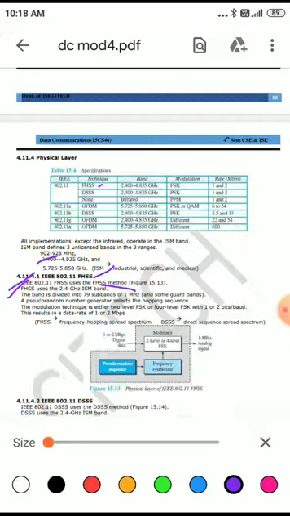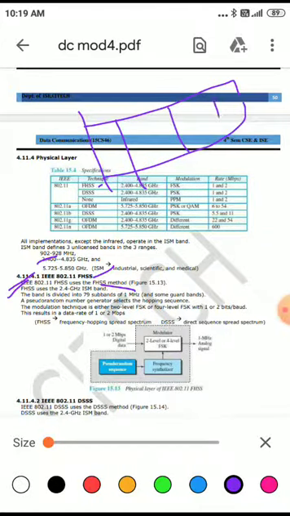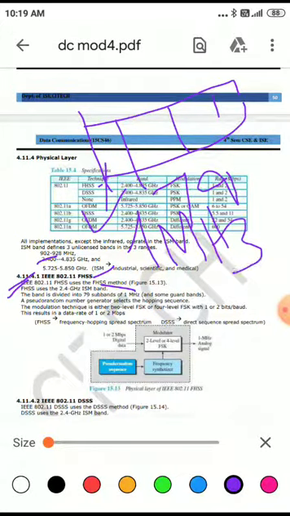Next, the band is divided into 79 sub-bands of 1 megahertz. It means the large band will be divided into 79 sub-bands, and each band will be 1 megahertz.